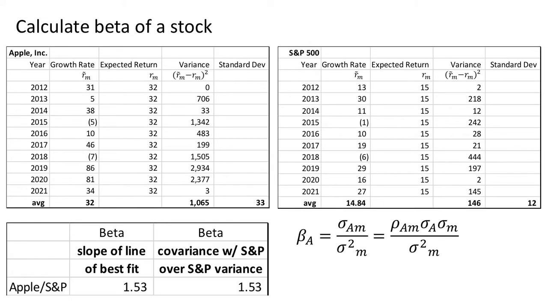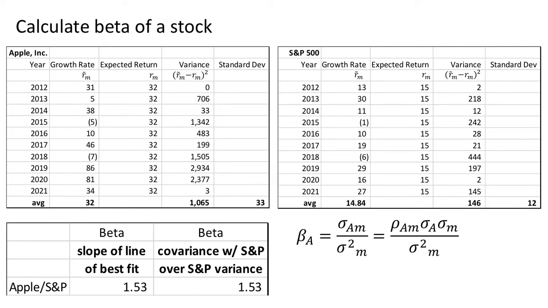We have to be able to calculate the beta of a particular stock. So let's go ahead and calculate the beta of Apple Inc. We take 10 years worth of return data, 2012 to 2021: 31%, 5%, 38%, negative 5%.